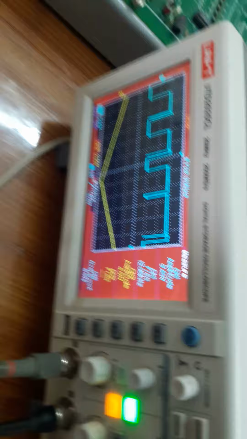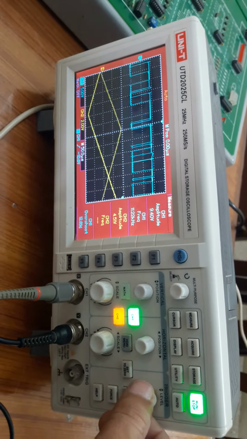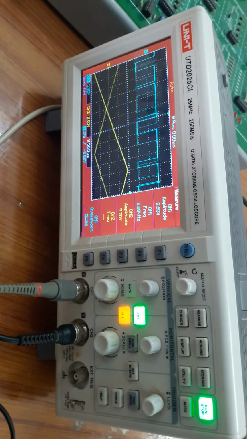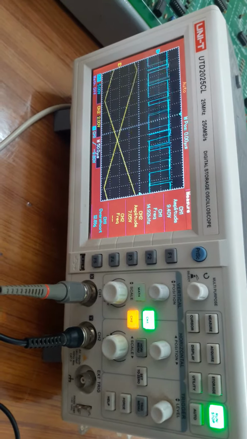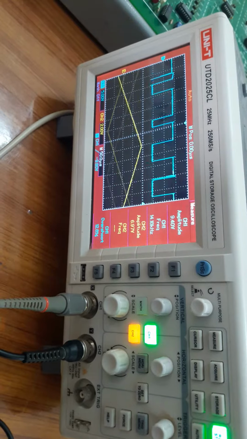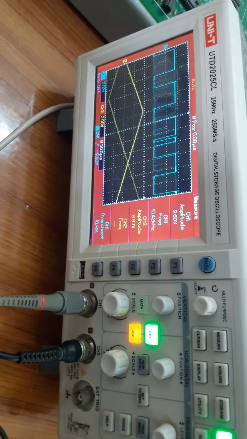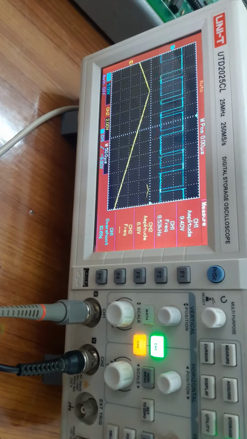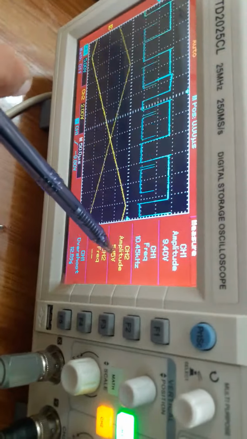So in this oscilloscope, you can also see, now here you can see the input side amplitude is 5 volt.